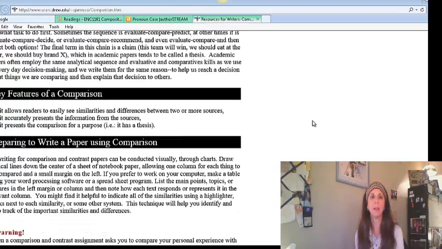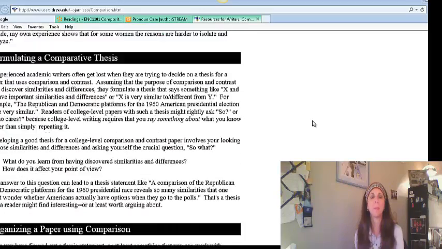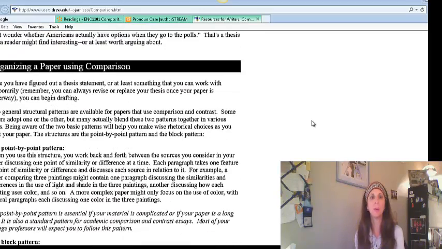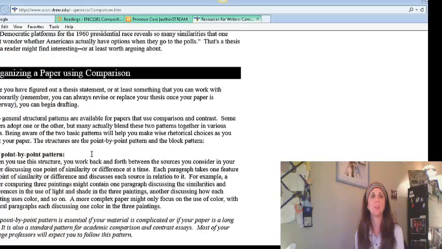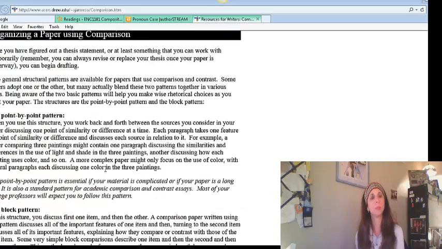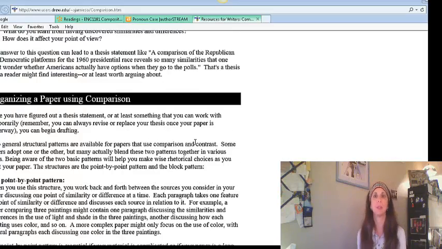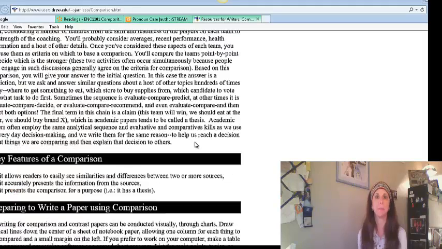We're going to be doing the point-by-point method. This is what you want to read, okay? The point-by-point pattern. We are not using the block pattern. So make sure that when you're looking through all the information that I've posted on the comparison contrast paper, you note that we're doing the point-by-point method, going back and forth between your movie and your remake, or your TV show and the movie that was the counterpart to it, or your book to the film adaptation.